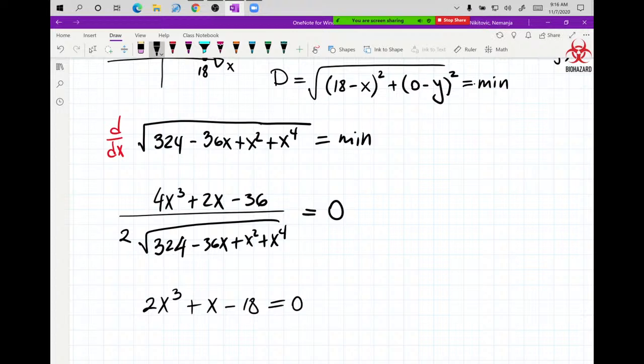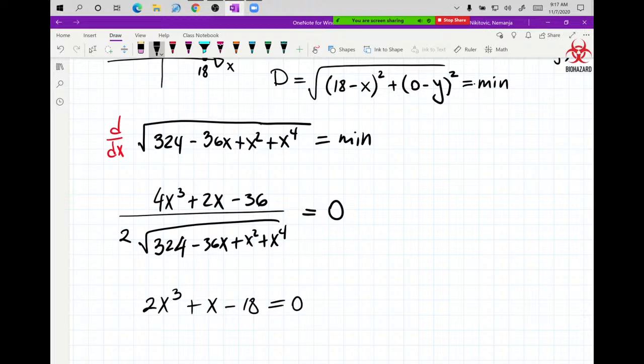Now, this is not 2x squared. It is 2x cubed, which means evil, right? It's a polynomial. Then we have to solve and so on. So I don't want to waste time looking for rational zeros and all of that stuff. I mean, on the exam, sure, you look for rational zeros, you try to factor this thing, you try to find the values. I'm just going to use a tool real quick because I don't want to spend another 15 minutes on that stuff.